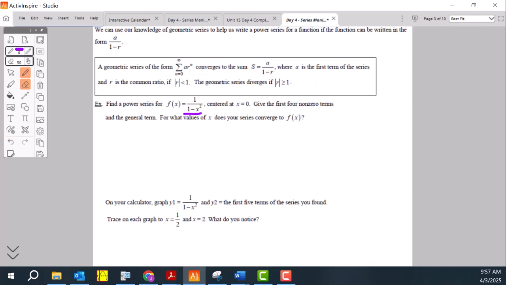Perfect example is right here for f of x. This looks kind of like the geometric series sum, where 1 is our a and x squared is our r. So we can write a series here that is 1 plus x squared plus x to the fourth plus x to the sixth. So we're just multiplying each term by r. And then our general term would be 1 times x squared to the n power.